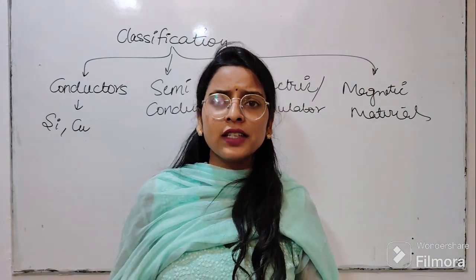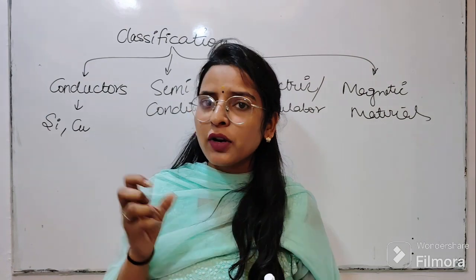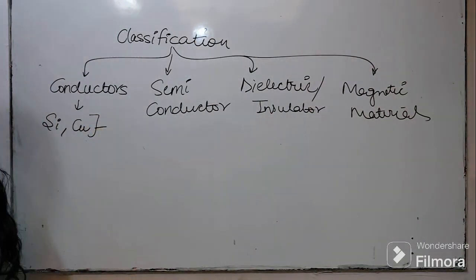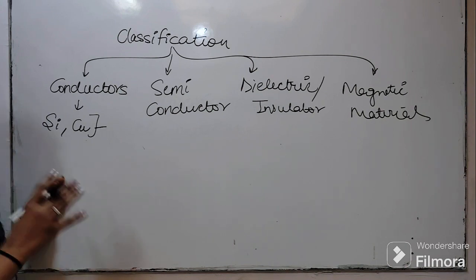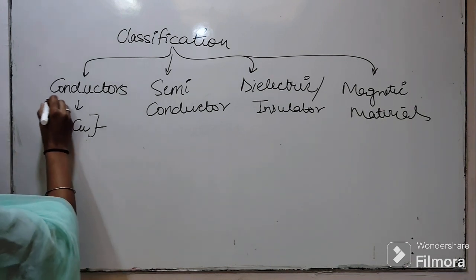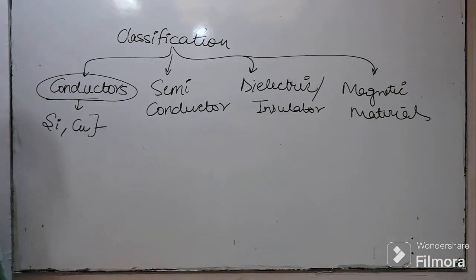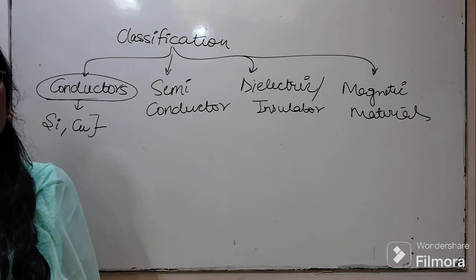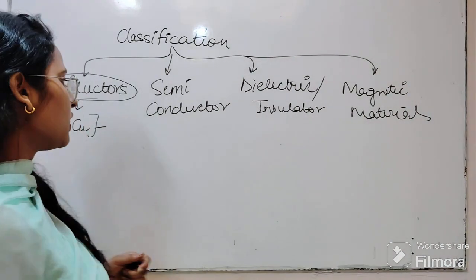Anything which is conducting electricity, which is passing the flow of electrons from one point to another point, is known as a conductor.